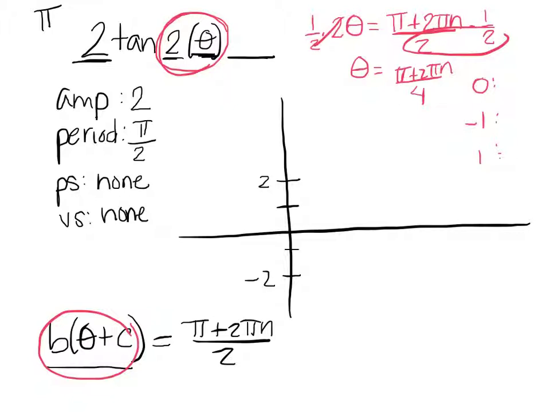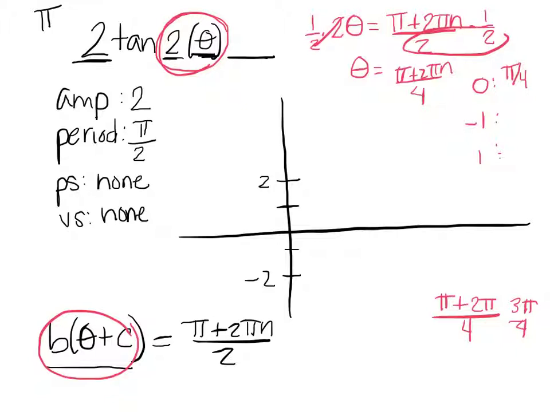So if I plug in 0 for n, I'm going to get pi plus 0 over 4, so it'll be pi over 4. Now, if I plug in 1 for n, I get pi plus 2 pi times 1, which is 2 pi, over 4. So on top I get pi plus 2 pi is 3 pi over 4.